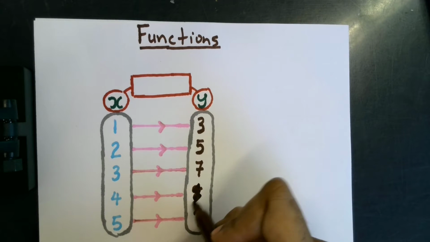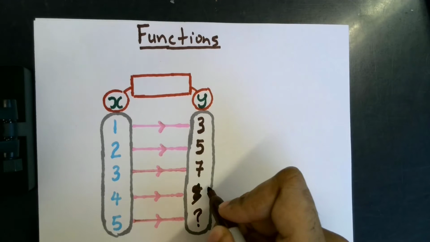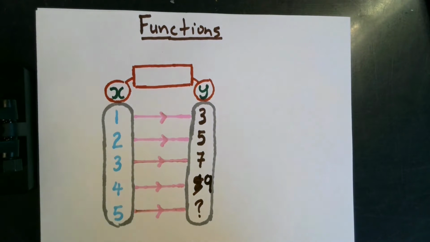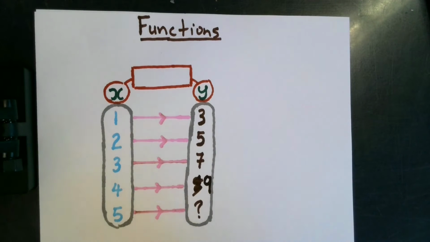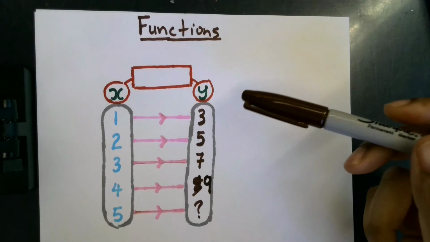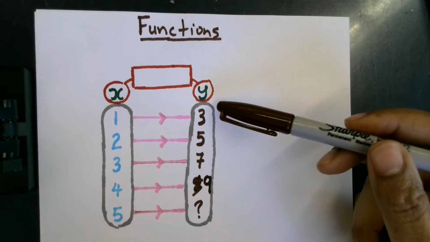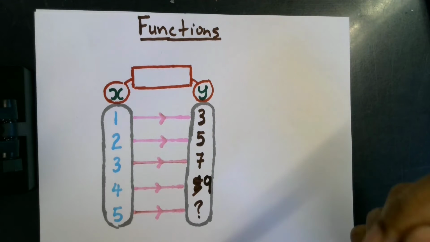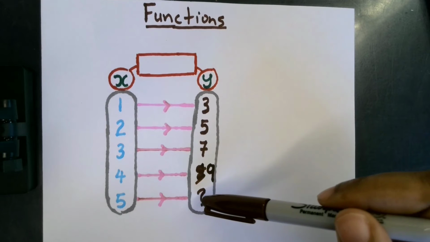I should have 9 right here. So that's a 9. All right. So that's my mistake. All right. That's a 9. All right. So Y is a set that contains 3, 5, 7, and 9, and an unknown value.